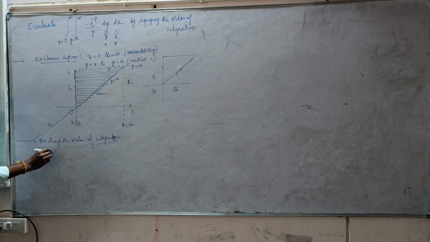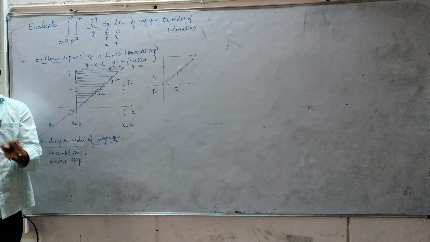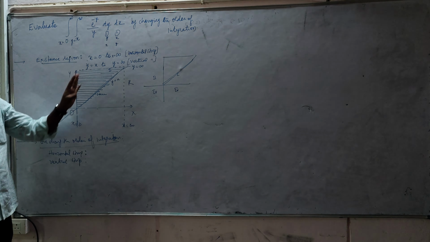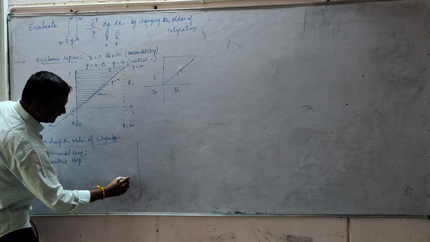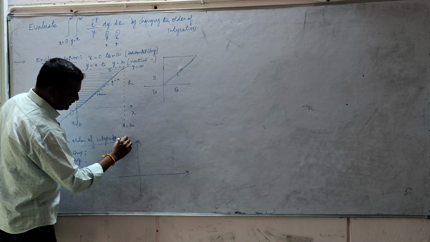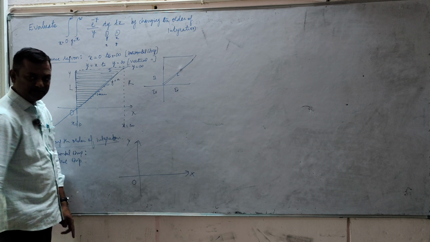I am writing the reverse order: horizontal strip, then vertical strip. Horizontal means I am going to express in the reverse order now. I am not going to use this diagram. For that purpose, I have a second diagram. I am writing it here. This is the y-axis and x-axis.